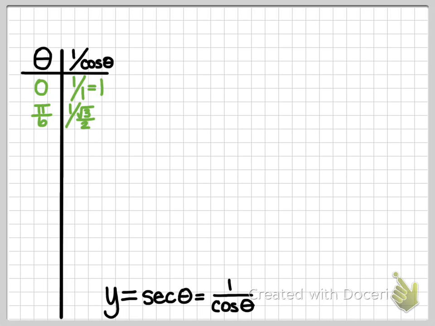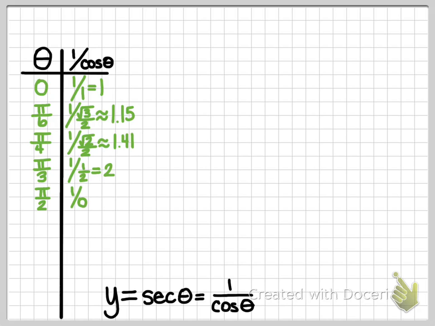Pi over 6, 1 divided by the square root of 3 over 2 is approximately 1.15. Pi over 4 is 1 divided by square root of 2 over 2, which is approximately 1.41. Pi over 3, 1 divided by 1/2 will be 2.